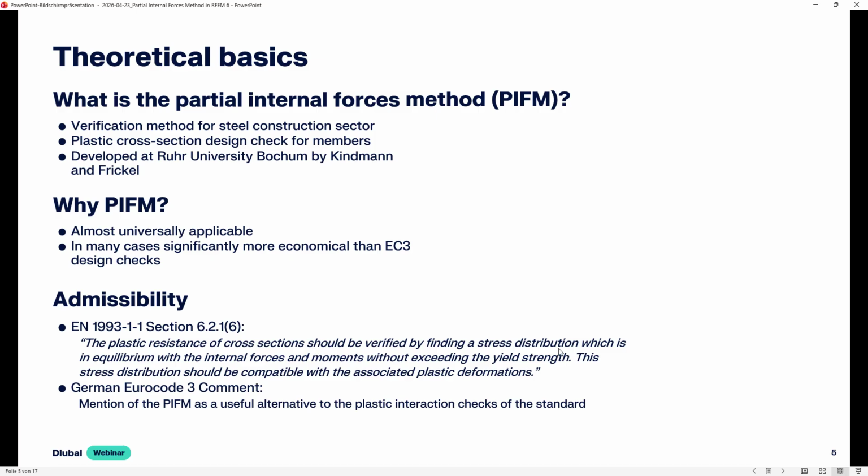The first one is that we have an equilibrium between the internal forces and our stress distribution. And the second condition is that the stress distribution should be compatible with the associated plastic deformations. And these two conditions are completely fulfilled by the PIFM. So this means that if we use the PIFM, we are in accordance with this condition made by the standard.